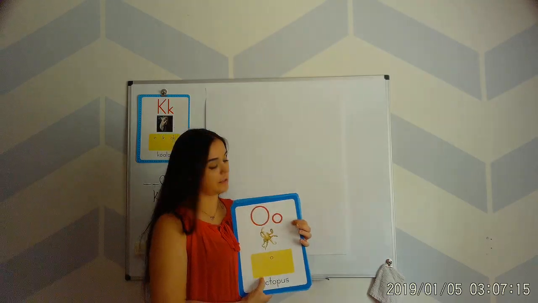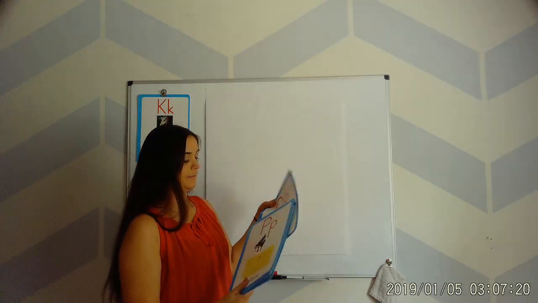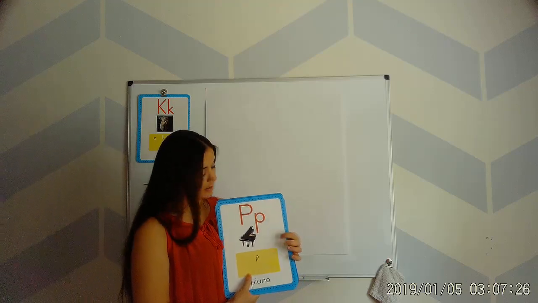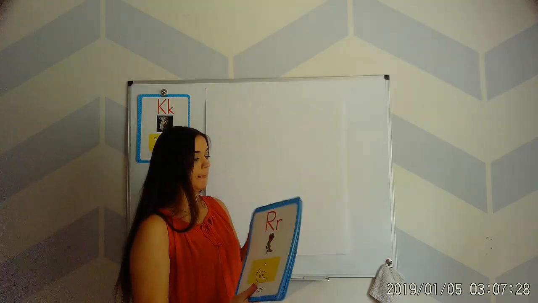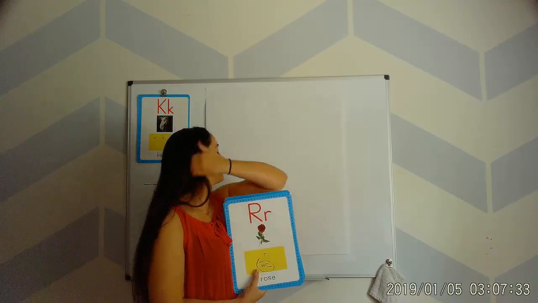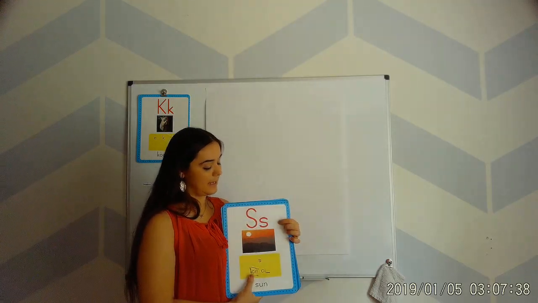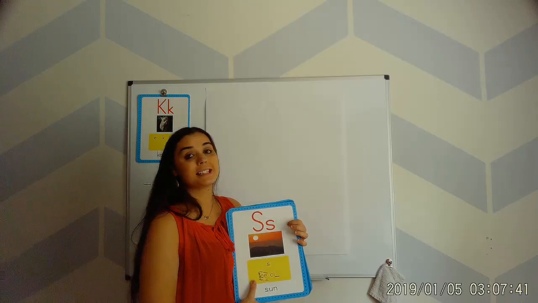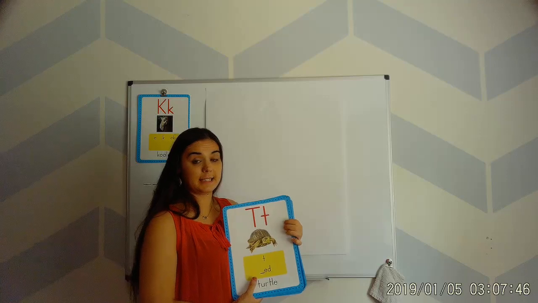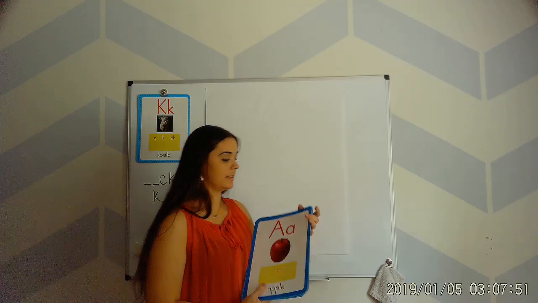And O, what does O say? O says like octopus. And what does P say? P says like piano. And R, what does R say? Like rose. I like seeing all that participation. And S, what does S say? Like sun. And T, what does T say? Like turtle. All right.